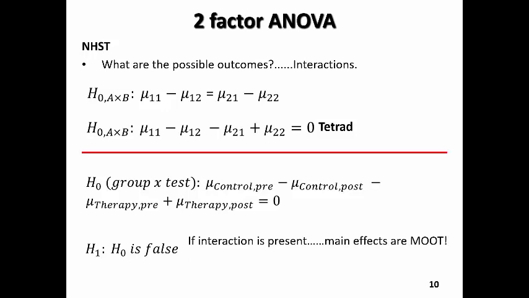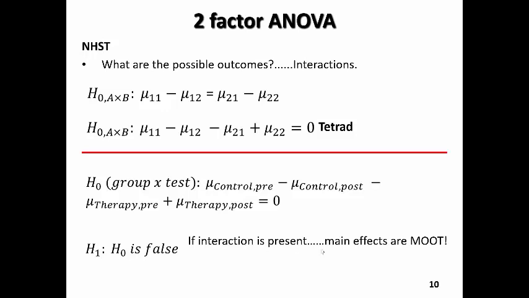Now, in the event, and we'll see this a little bit later in the next couple of videos, that the interaction is statistically present, so if after running the statistics we reject the null hypothesis and accept the alternative, by accepting the alternative, we're stating that there is a significant interaction.